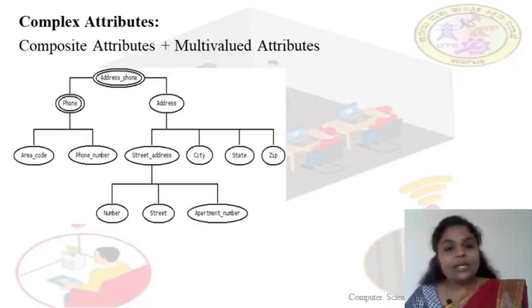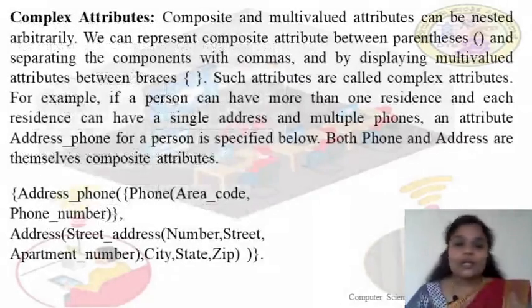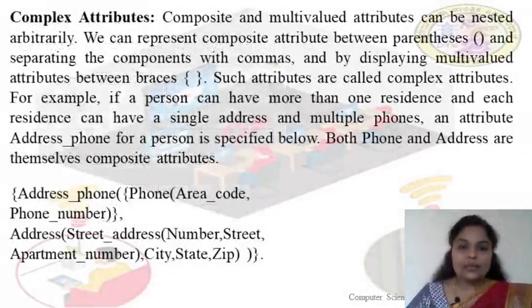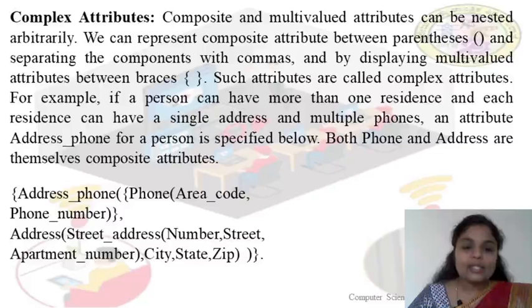Because phone can have multiple values and it can be decomposed further. Address is also multi-valued and it can be divided further. So even those two are examples of complex attributes. And how it is represented using curly brackets and parentheses, that is round brackets, is shown below. And I hope it's easy to follow.